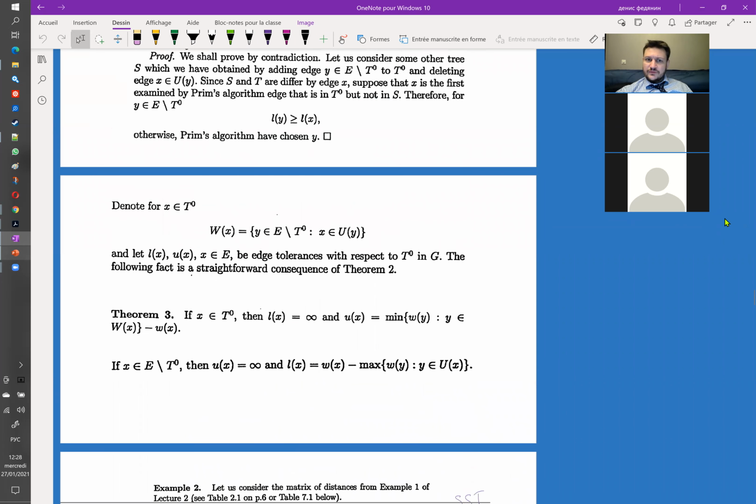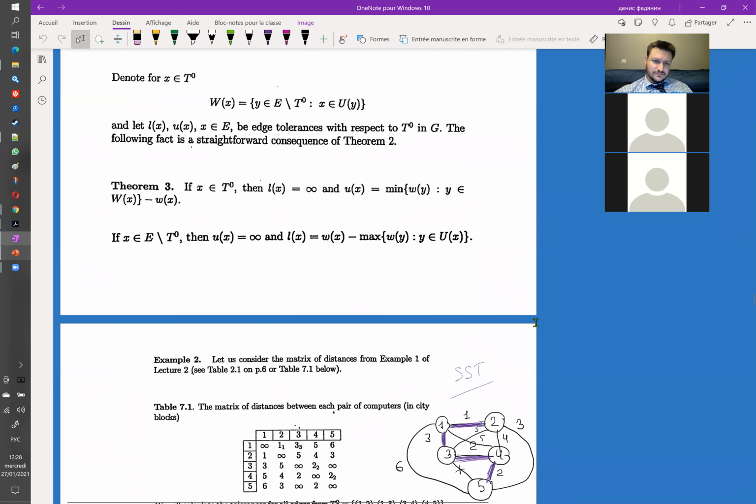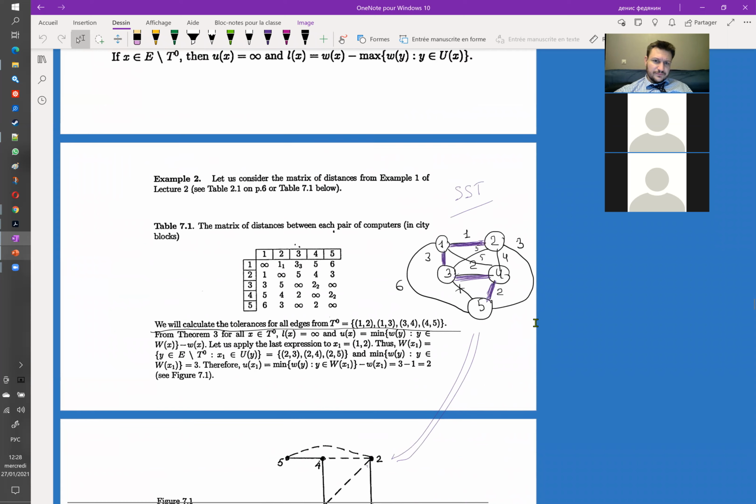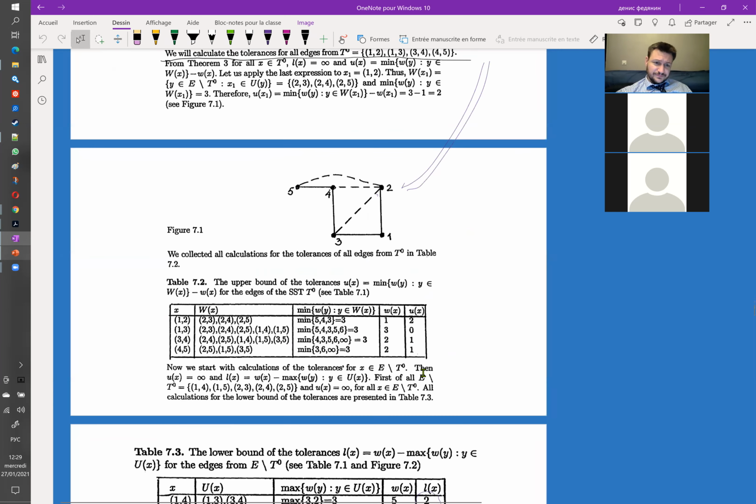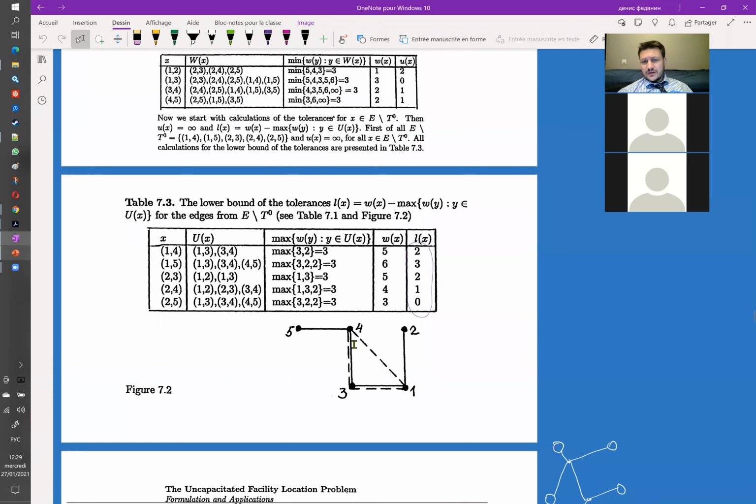As you can see, Prim's algorithm is used here, not Kruskal. Then we mentioned, not discussed in all details, the example. We got this calculation, and we found that this algorithm can give us the bounds of this sensitivity and tolerance.